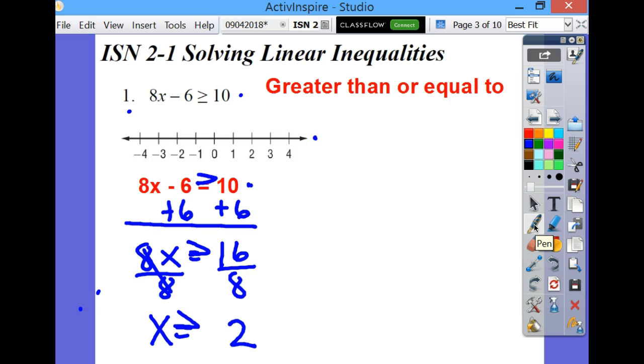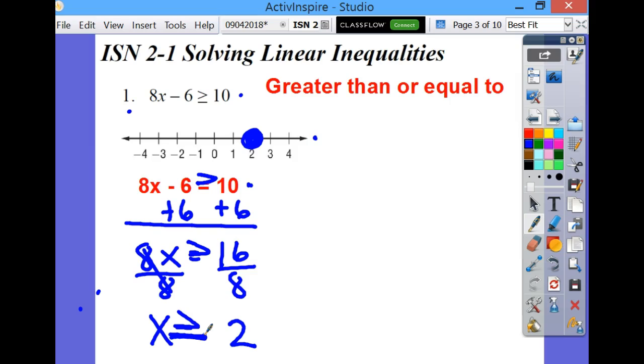Well, how do you graph this? The answer was 2. So you put a circle at 2. Now, what does this part down here mean? Or equal to. So it can be equal to 2, so you color in the circle if there is an or equal to line.